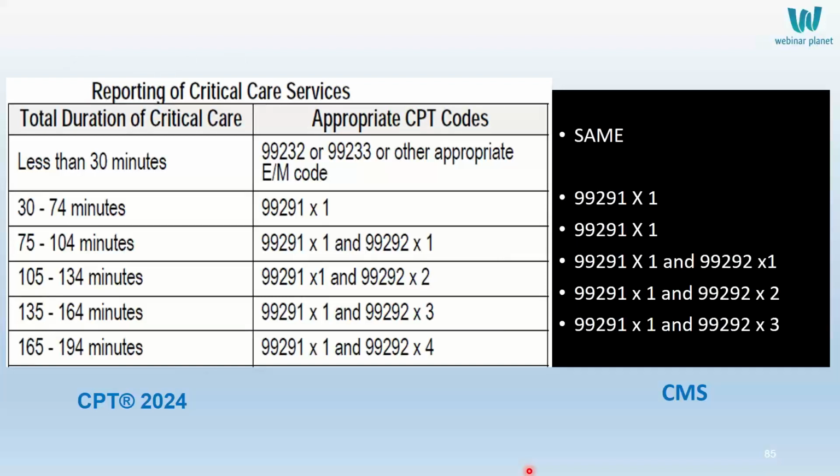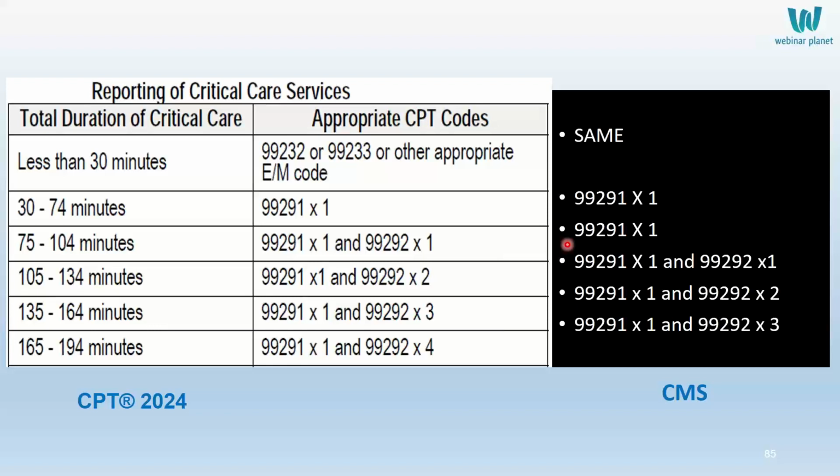So for example, if we look at a patient, remember I used 75 minutes, that's 1 minute into the next block of time. This is from our CPT book. It says you're 1 minute into the block of time, you can bill the code. Whereas CMS says, no, you can't.